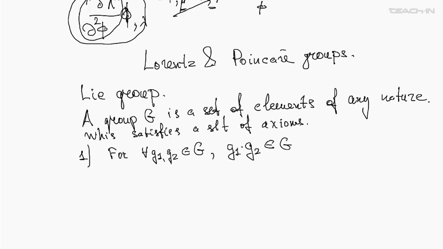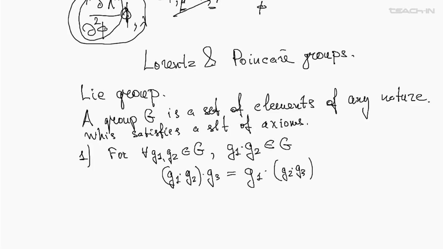So the product is associative, which means that it does not matter how you put the brackets. First, you multiply g1 with g2 and then with g3, and it should give the same result if you first multiply g2 with g3 and then multiply this with g1. Associativity.